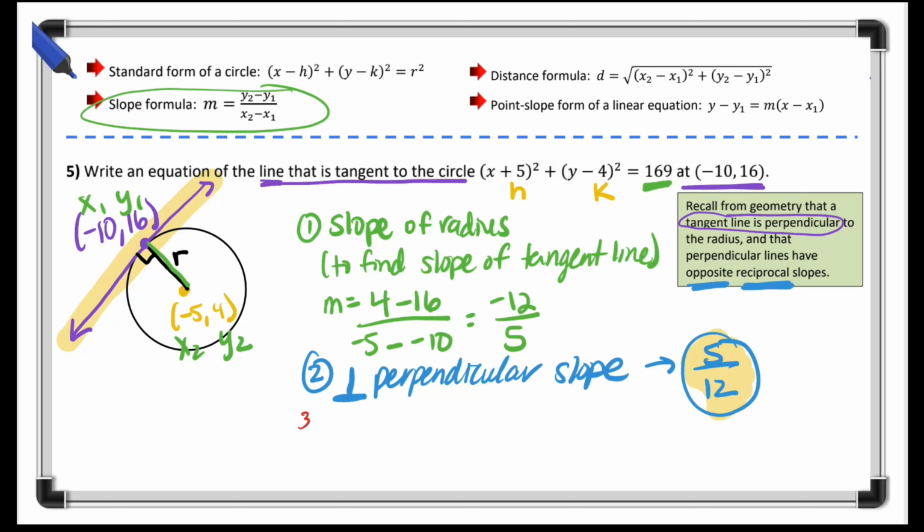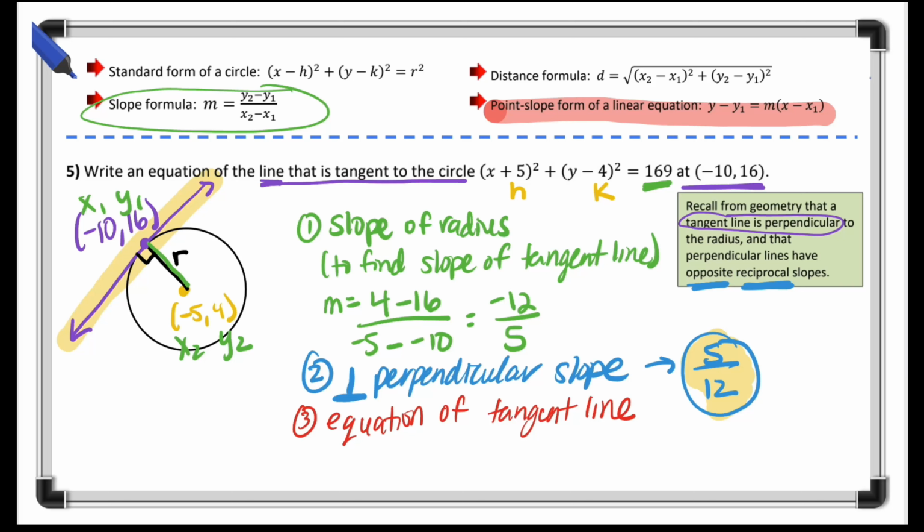Now, the very last thing we're going to do is find the equation of the tangent line. Now, what do we use? We can use our point-slope form. So we have a point that is -10, 16, and then we also have our slope.